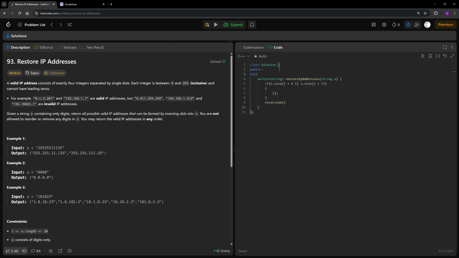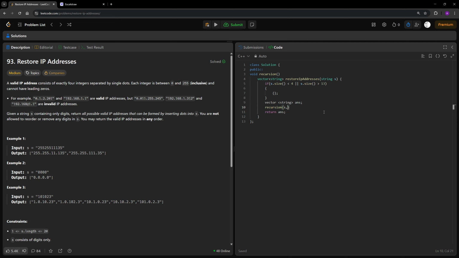So before that we need to return the answer also. So let's take a vector of strings answer and we are going to return this answer. Okay. And in this recursion also, we are going to pass some different things, which I'm going to explain over here. So first, in the recursion, obviously you need to pass the original string.